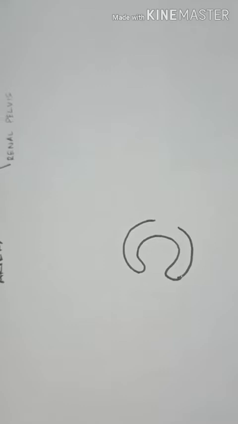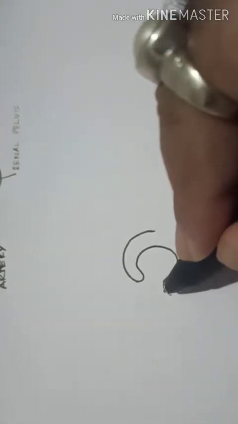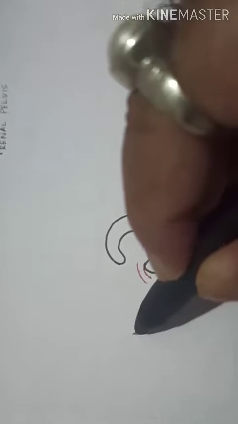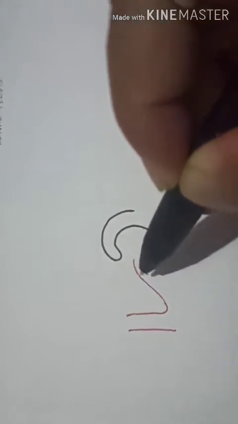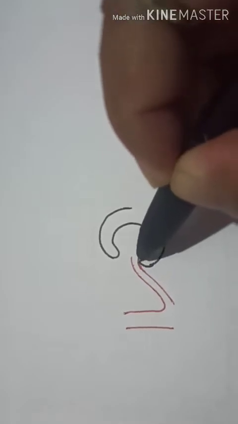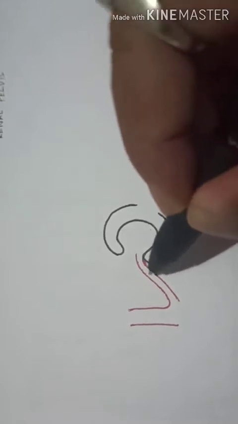It is a cup-shaped structure, and this cup-shaped structure will have blood vessels coming inside, because as you know, the renal arteries are there. Say I draw the renal artery here, then this renal artery will enter inside through this particular section.